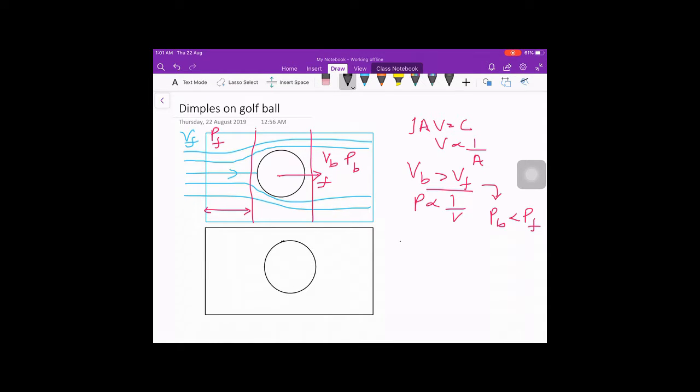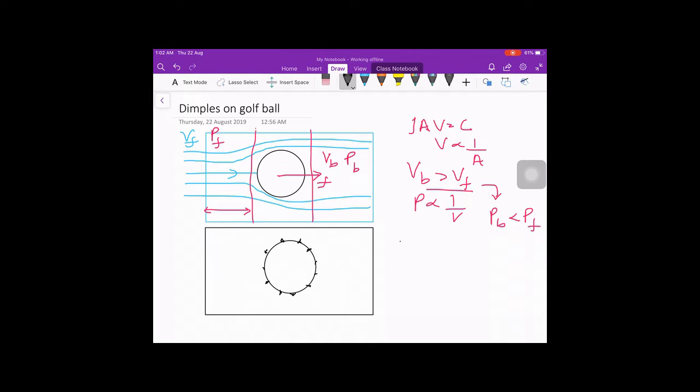Now I have dimples on this ball. Let us consider these to be dimples, though it may not seem like dimples.